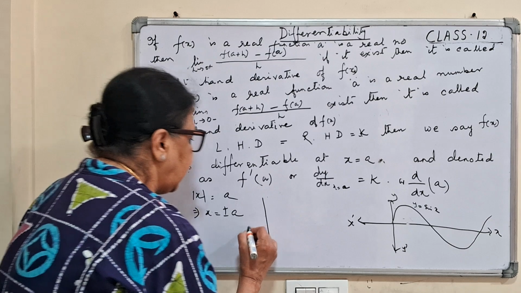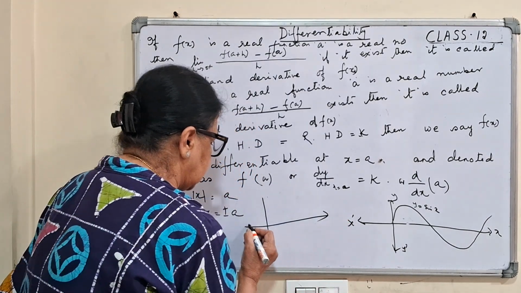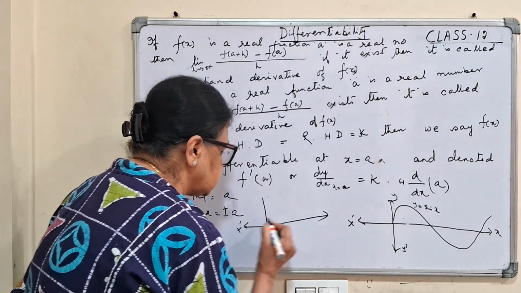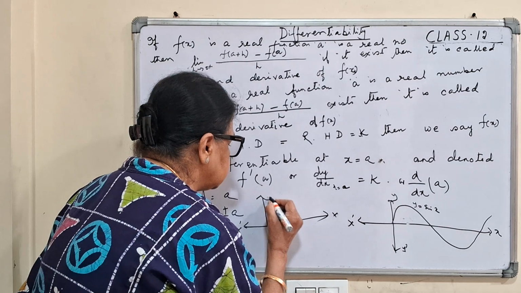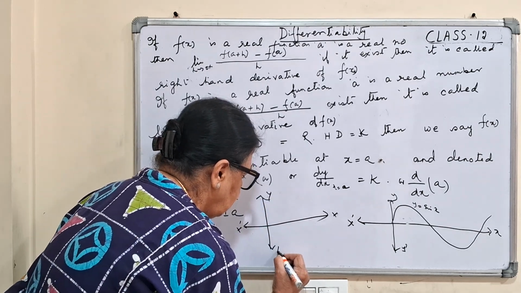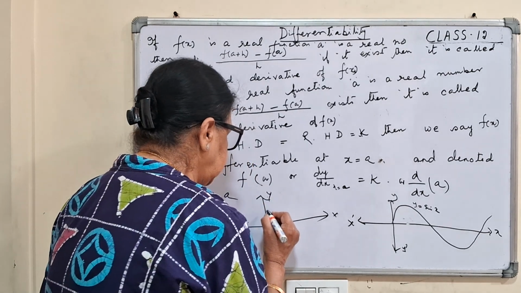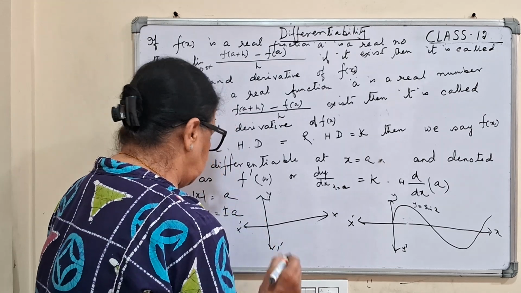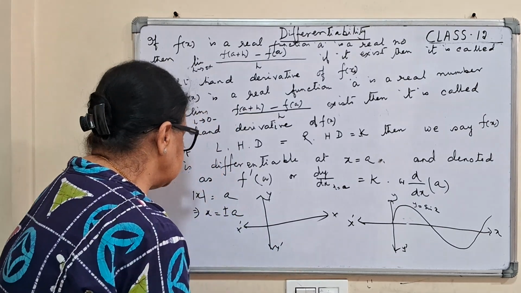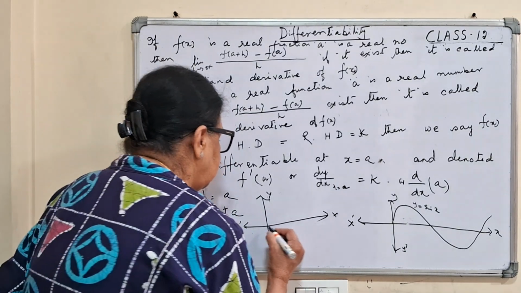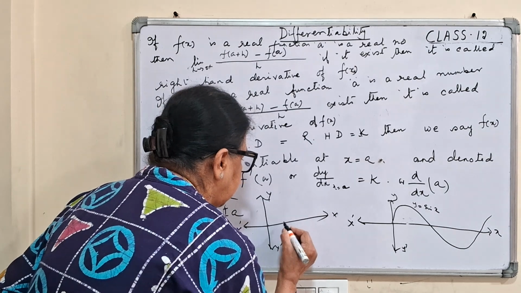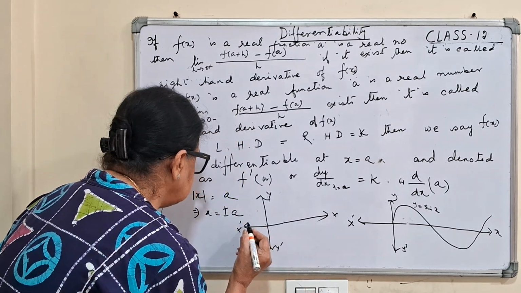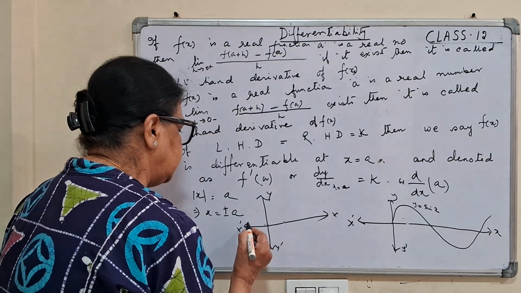This is the x-axis, this is the y-axis, and x is equal to a is here, and here it is minus a.